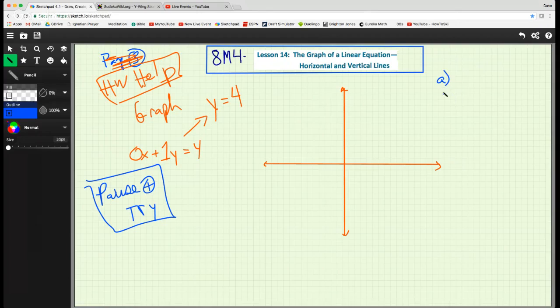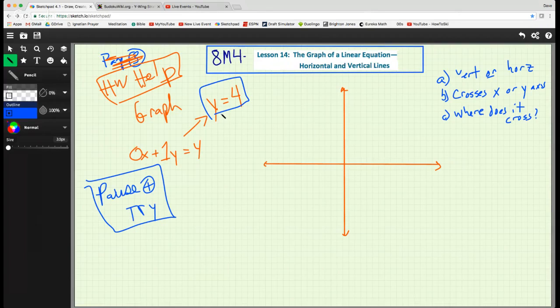Now you have to say, is this vertical or horizontal? Does it cross the X or Y axis? That's a question. Is it the X axis or the Y axis? And then where does it cross? I'm going to show you how you know the answer to these things. So now you can pause and try, given this little piece of help, and go back and look at earlier in the video if you need some help doing it.